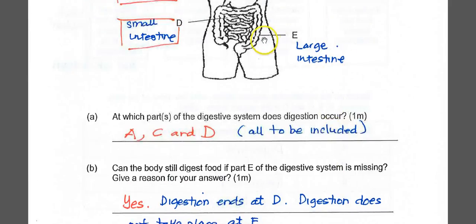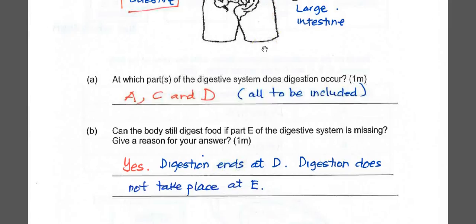If this is missing, just theoretically, right? Let me tell you, if any part of the organ is missing, sometimes you will fall sick and you may even die. All right, but let's say for this case, to answer the question technically, if it's missing, it doesn't matter because the large intestine does not involve itself in digestion.